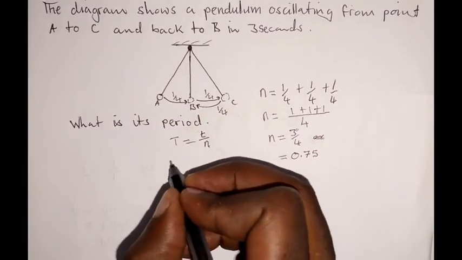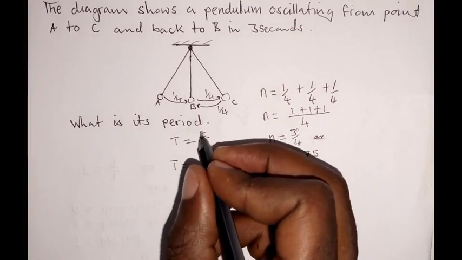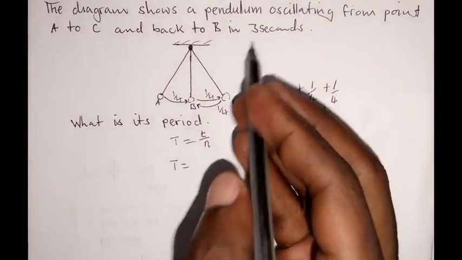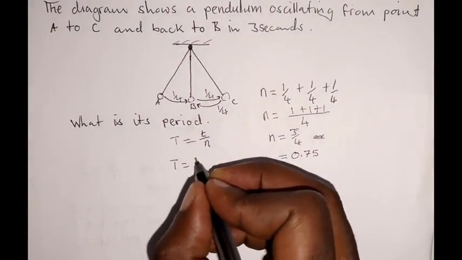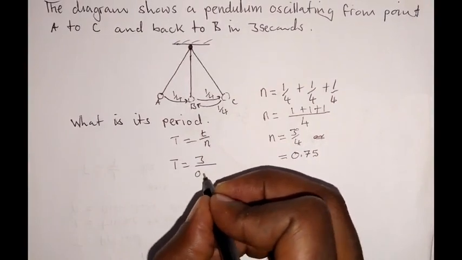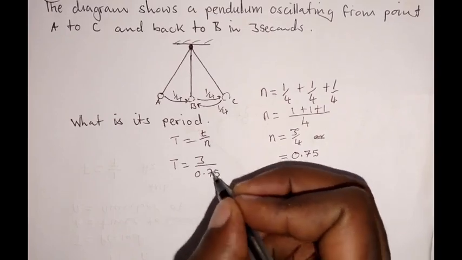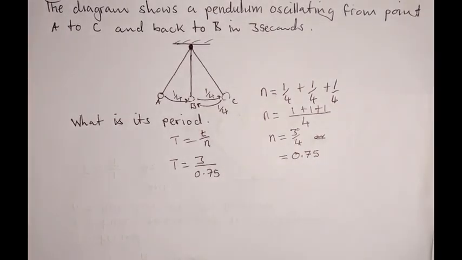So n is 0.75. Then t, the time, we write 3, over 0.75. So 3 divided by 0.75, how many times?